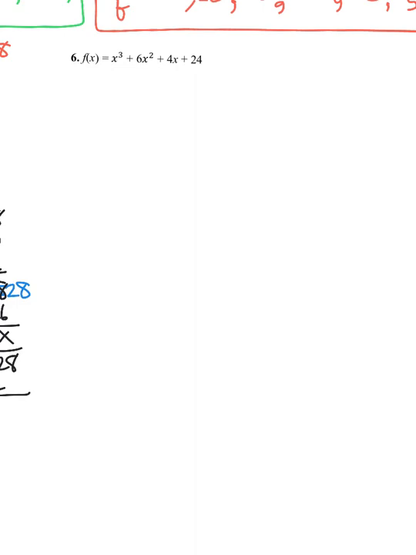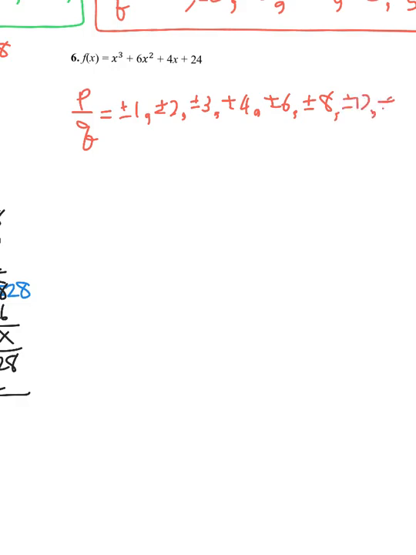So I have my P over Q. Again, since my leading coefficient is 1, this is just going to be my factors of 24. So 1, 2, 3, 4, 6, 8, 12, and 24.